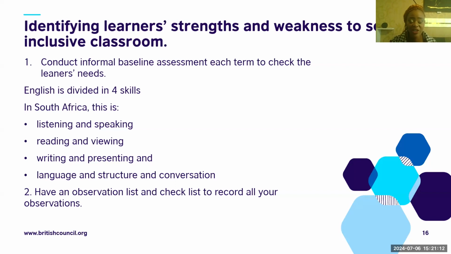For example, I just use English as an example, but this is not limited to English. You can use it in different learning areas, in high school, also in secondary. English is divided into 4 skills: listening and speaking, reading and viewing, writing and presenting, and language and structure.